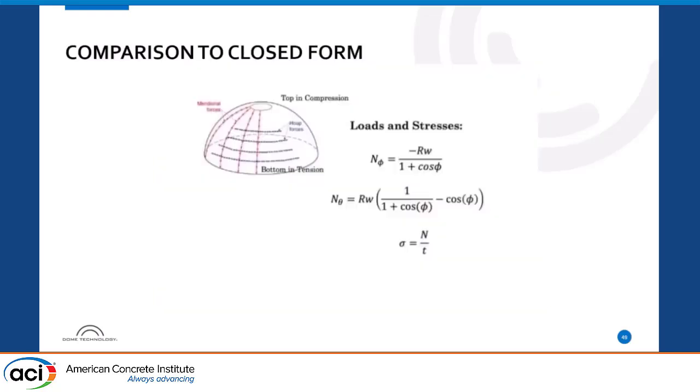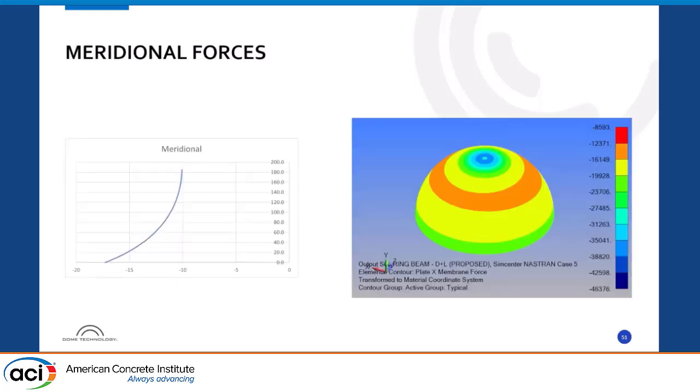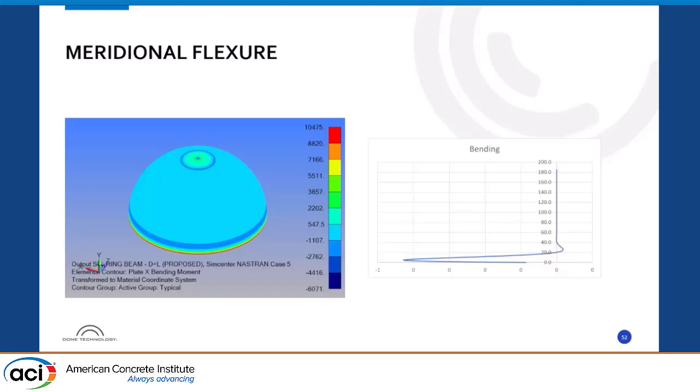And then lastly, we can check, okay, we've got our closed form solution right here, looking on the back side of the dome. We can compare, oh, we've got the same values right here. We're seeing reversals in our load from positive to negative. Same thing right here. Right here, here's the bending.